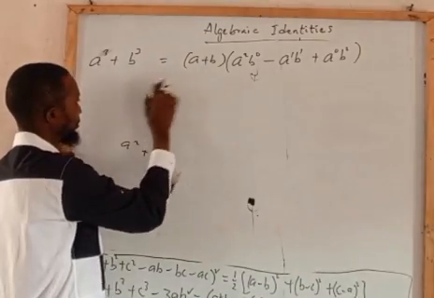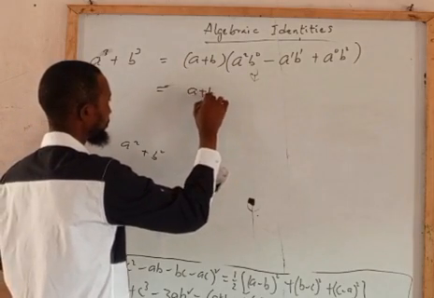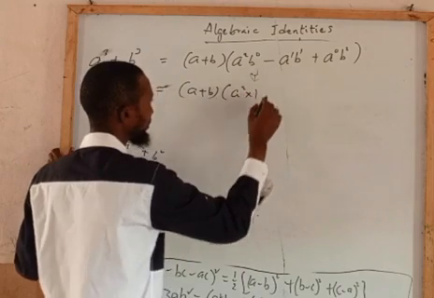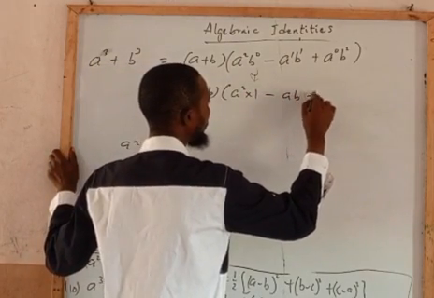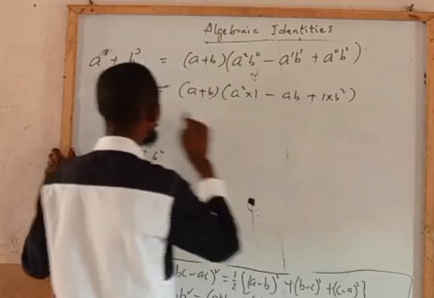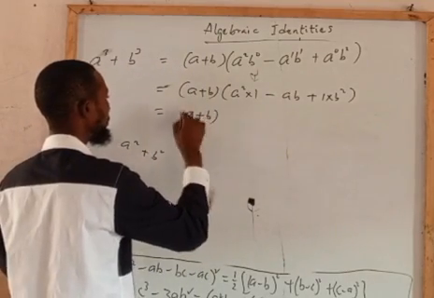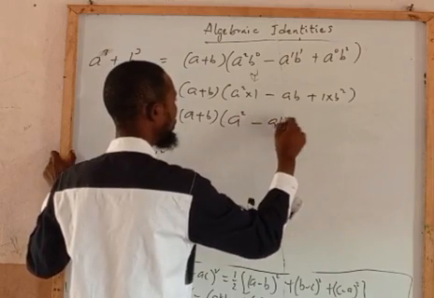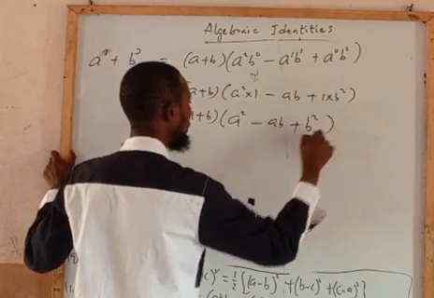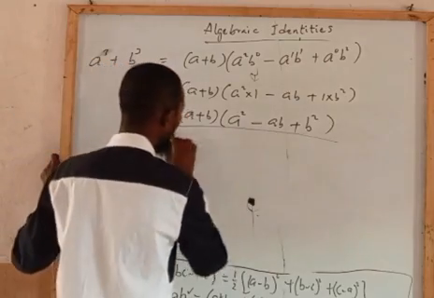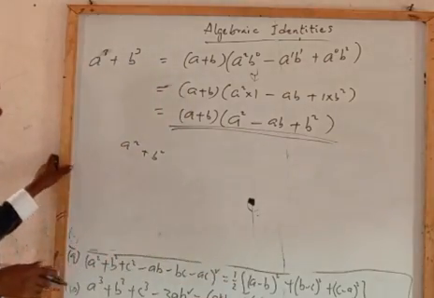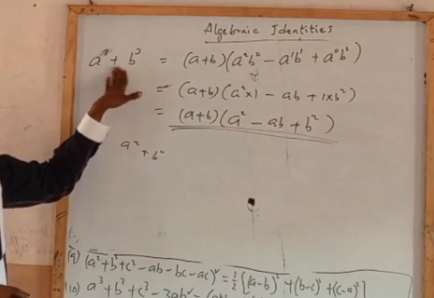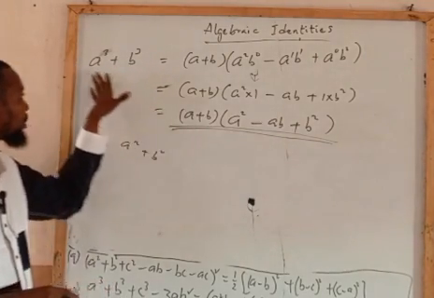To wrap up, this is a plus b into a squared times 1, minus ab, plus 1 times b squared, which is the same as a plus b into a squared minus ab plus b squared. If we relate it to the table I gave the other time, the identity for the expansion of a cube plus b cube is this.